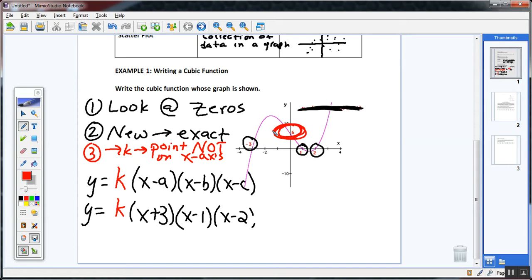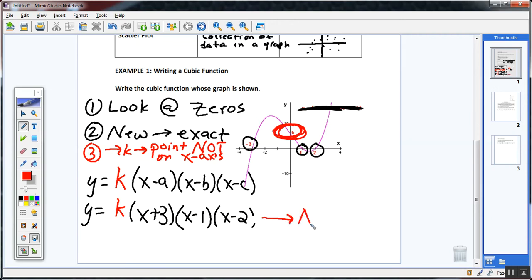This point right up here, I understand that's a y-intercept of 6, but coordinate-wise, that would be what, comma, what? Okay, here's the deal. We know that we have the function y is equal to k times this mess right here, because everything in black represents where our zeros would fall, okay? So what I do then is this.